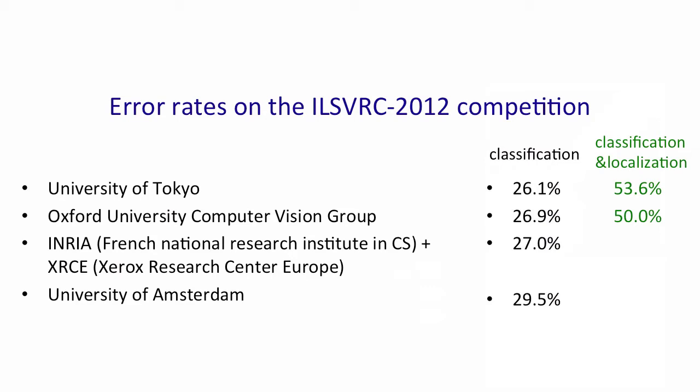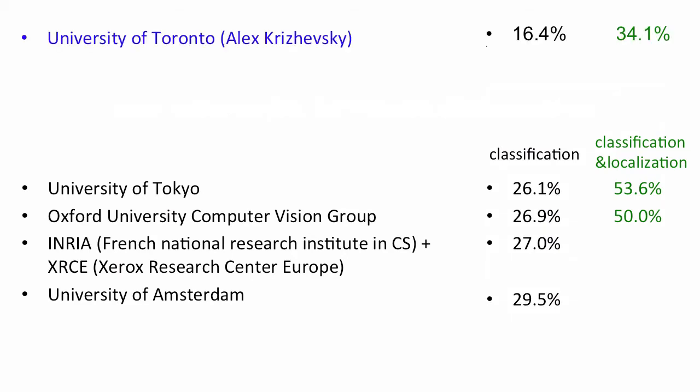And the French National Research Labs and the Xerox PARC Centre, which are again very good computer vision groups, got 27%. So you'd have guessed from this that it's going to be hard to beat 26%, and if you do beat 26%, you're comparable with the very best computer vision systems. So Alex Krizhevsky's neural net got 16% error. It's a huge gap. Normally in these competitions, you don't see big gaps like that.